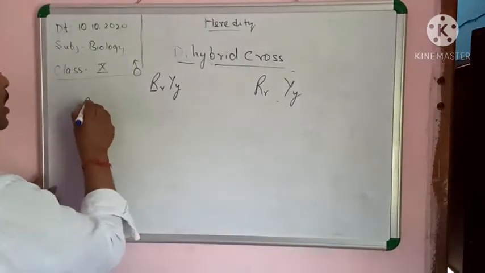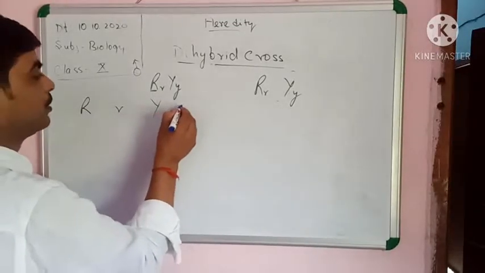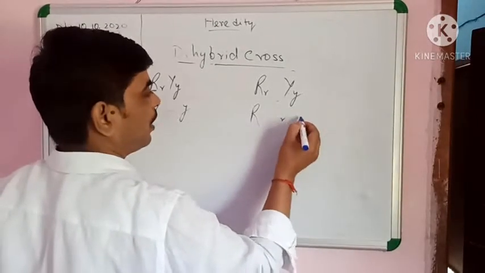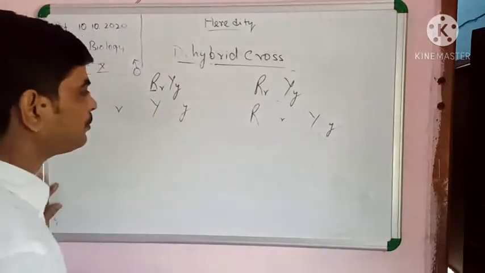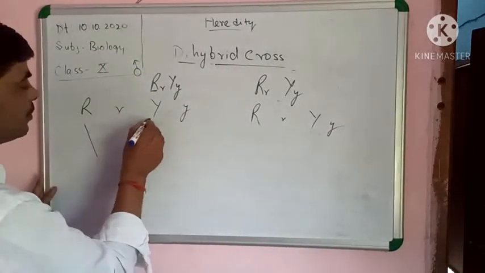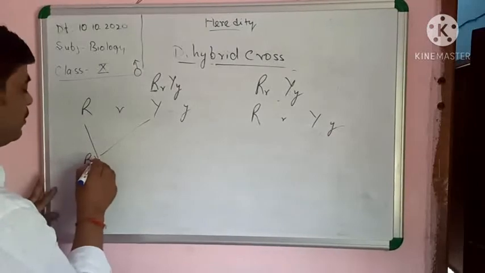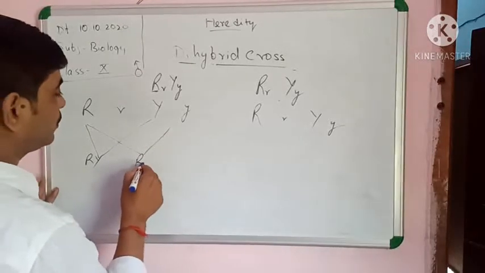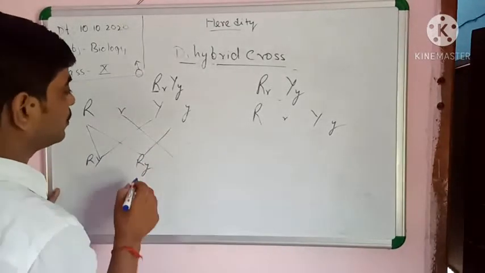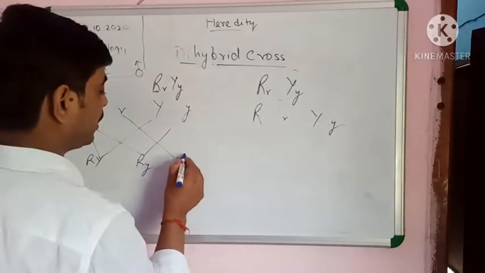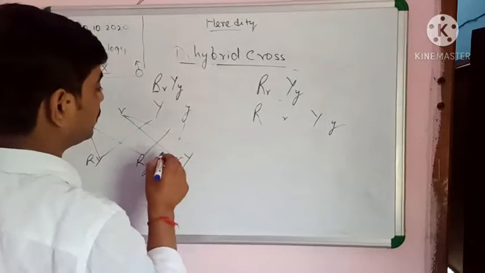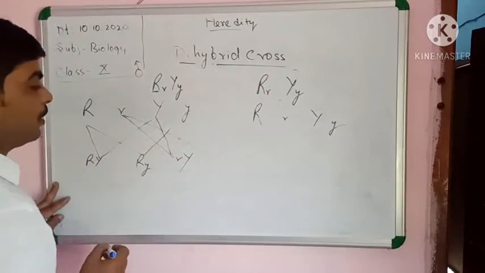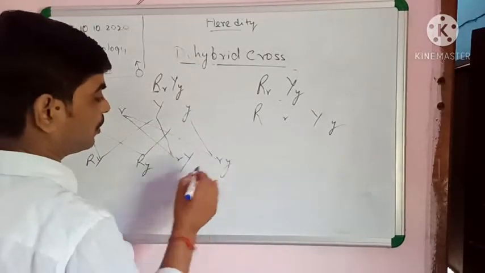Similarly here also RrYy. So gametes will form: this will form RY, this again will form RY, and this with this, and this with this RY.